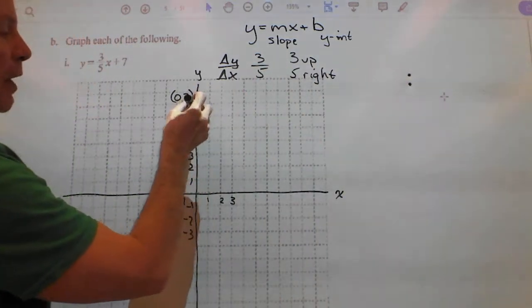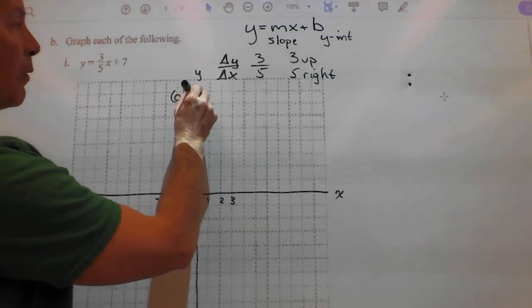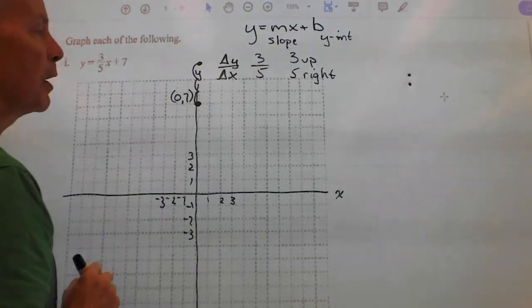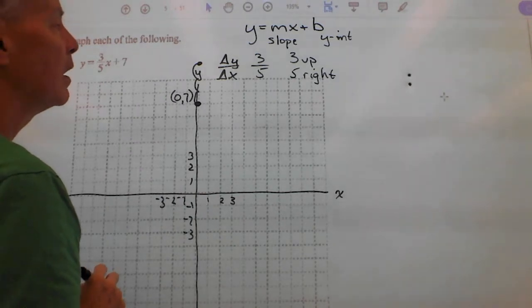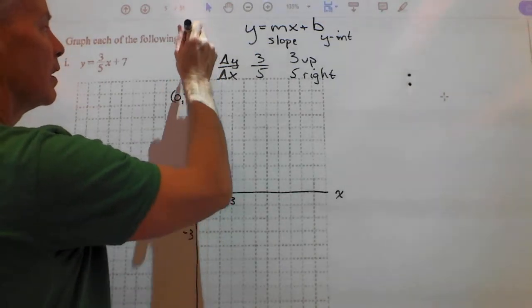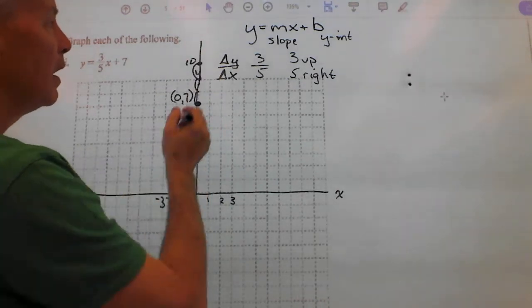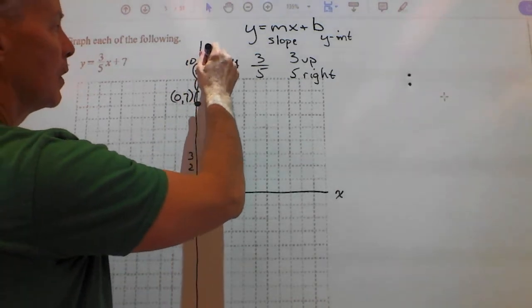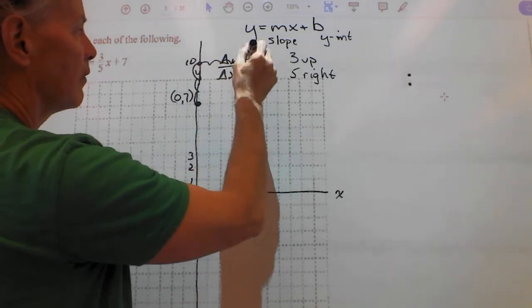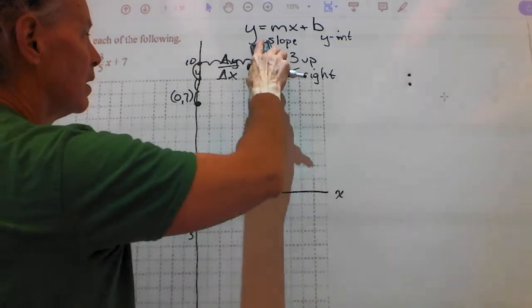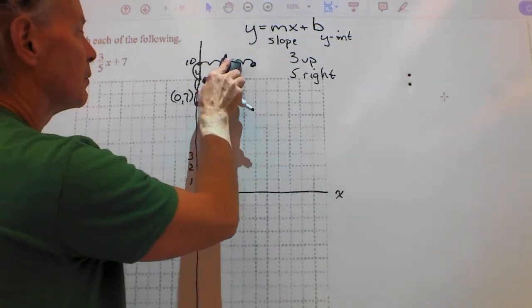So you can see what I meant when I said this isn't going to work. We have to go 1, 2, 3 up, and we'll make believe that's there. Okay, we'll just extend our line, and so that means it's at 10, right? 7 plus 3 is 10, and then we go 5 over, 1, 2, 3, 4, 5, and that brings us to this point right here. Just let me get rid of some of this mess here.